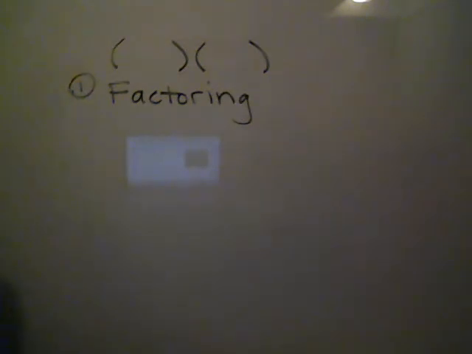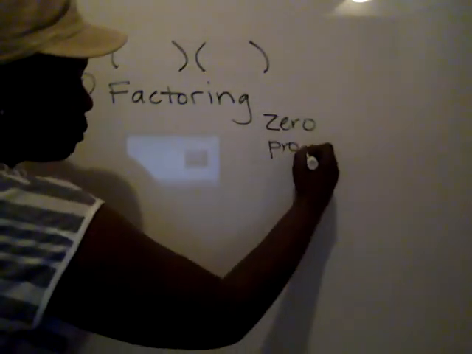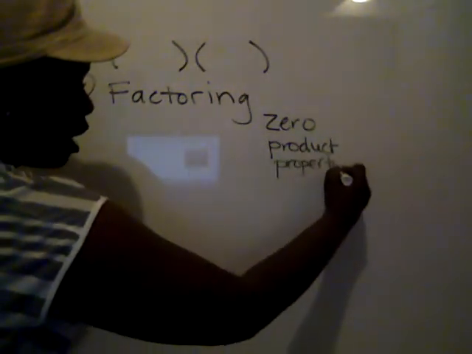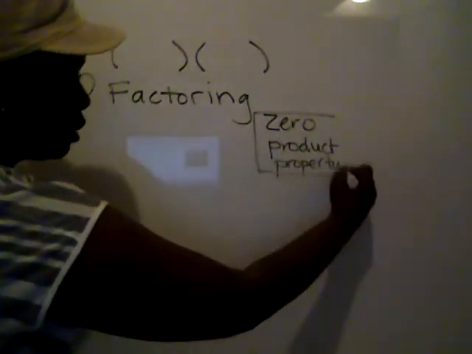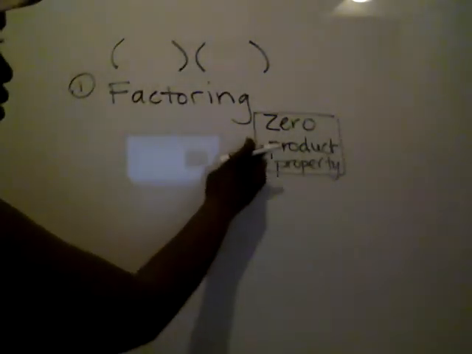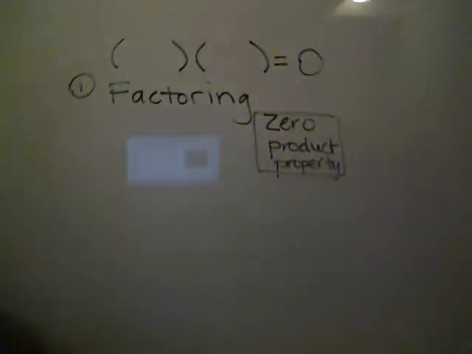And we're going to take advantage of something called the zero product property. That's going to be really important to help us solve. Once we factor and get the 2 sets of parentheses, we're going to use the zero product property, which means we're just going to set these equal to 0 and go from there. But we're going to do several examples.